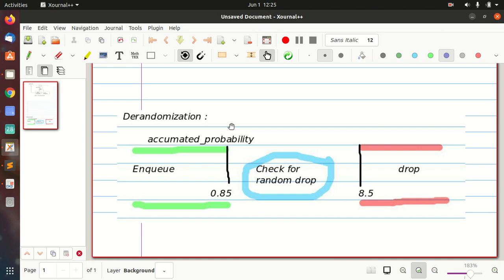To avoid this condition, it uses the concept of de-randomization, where it accumulates the drop probability, and after that it checks if the accumulated drop probability is less than this threshold, then simply enqueue the packet. If it is greater than this threshold, then simply drop the packet. If it is in between these two, then only we check whether to drop the packet or not based on the drop probability value.